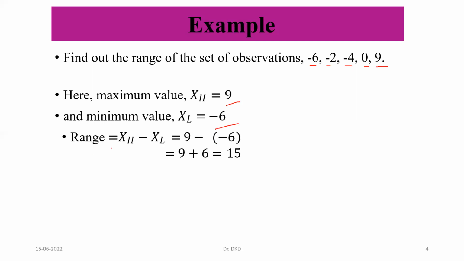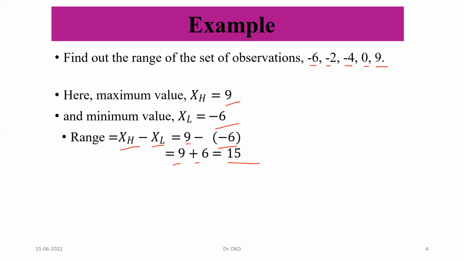According to the formula, highest value minus lowest value, 9 minus -6, so minus minus would be plus, 9 plus 6 is equal to 15. So in this data set, the range is 15. We always need to understand which kind of data set is given, then calculate. So this is about ungrouped data.